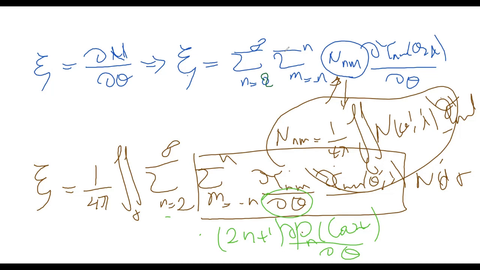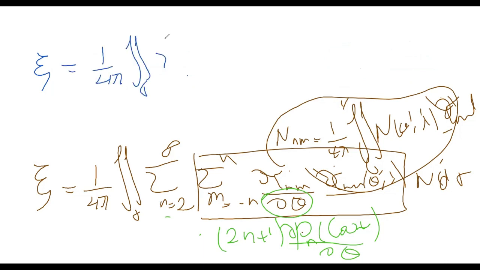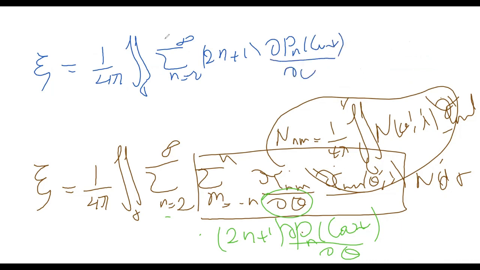In this case, I can write xi is 1 over 4 pi integral of the sum to infinity of 2n plus 1 times the derivative of cosine psi with respect to theta, times N (theta prime, lambda prime) d sigma.